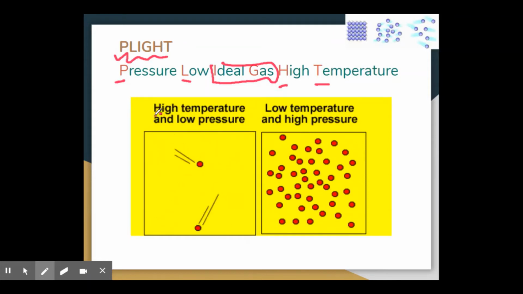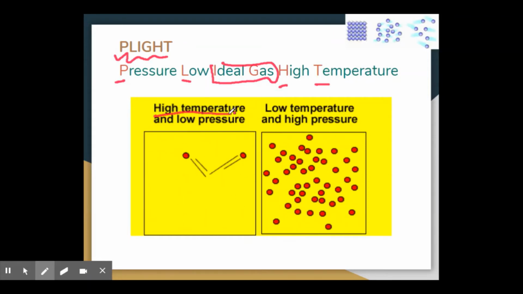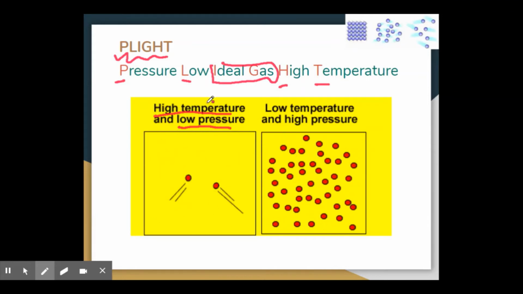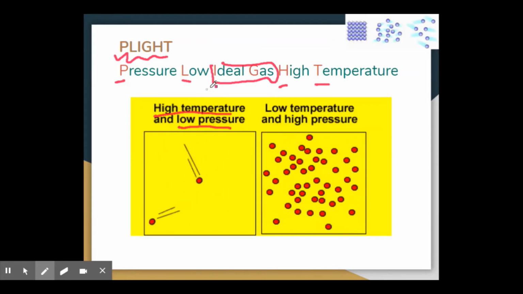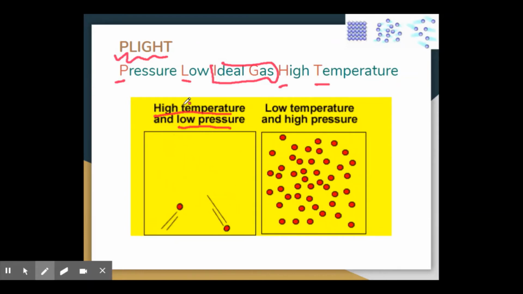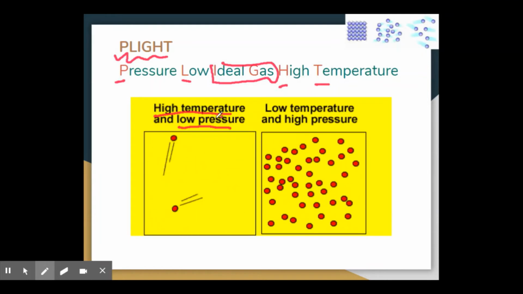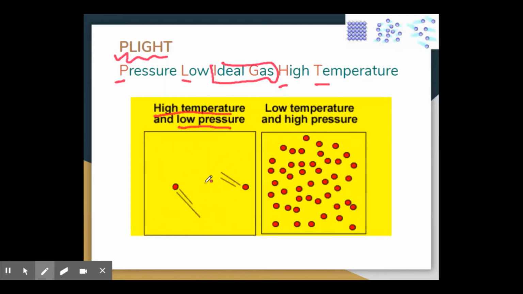At a high temperature, particles are moving as fast as possible, and at a low pressure. Notice we don't mention volume here, but remember, pressure and volume are related. As long as you have a high volume, giving them a lot of space, that causes low pressure, and like we see in this visual, the gas particles can move around in a straight line fashion as much as they want.